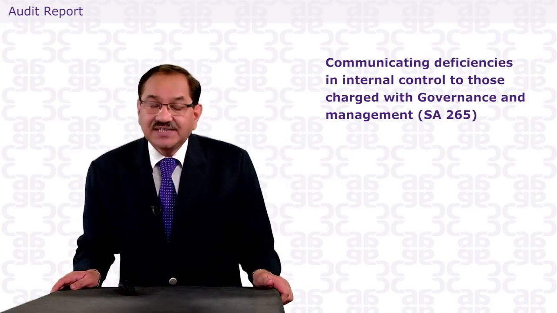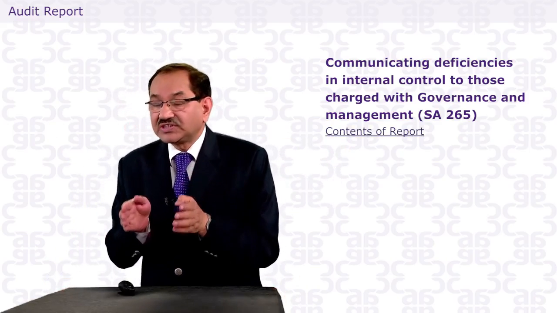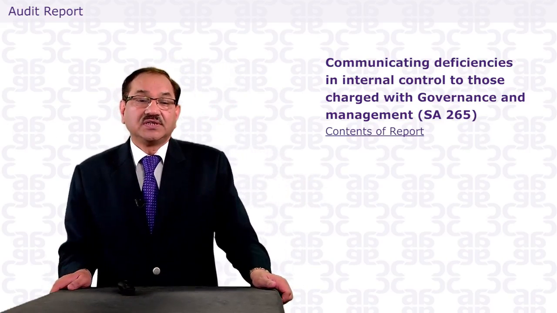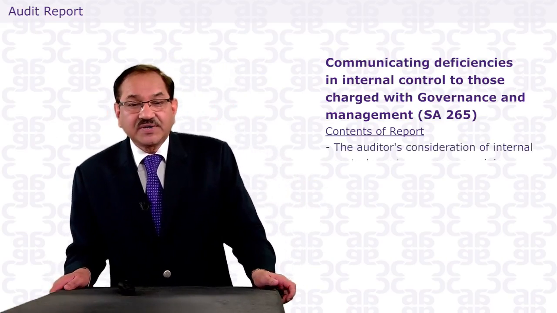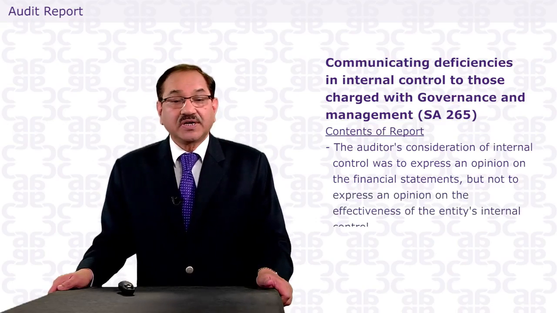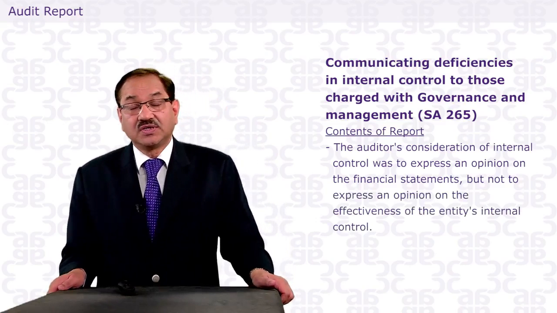Now, what are the contents of this report? When the auditor reports significant deficiencies in internal controls to the person in charge of governance, the auditor's consideration of internal control was to express an opinion on the financial statements, but not to express an opinion on the effectiveness of the entity's internal control.